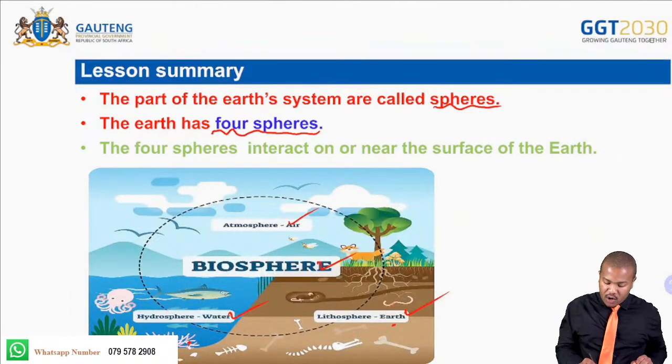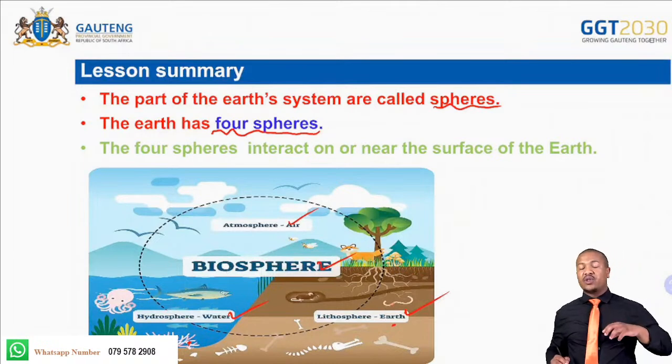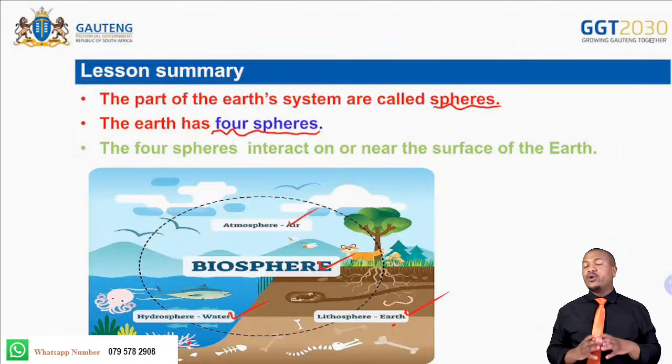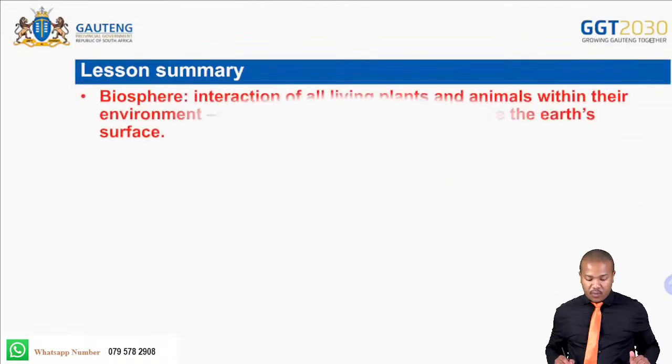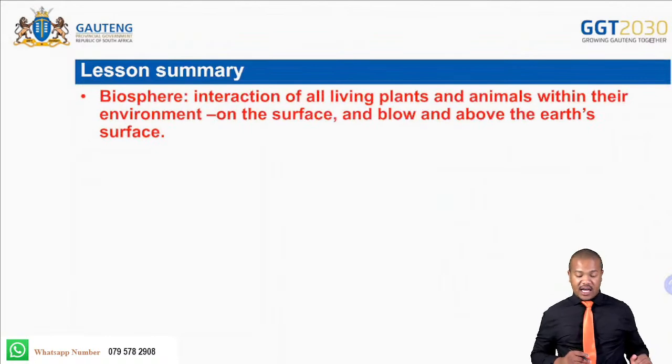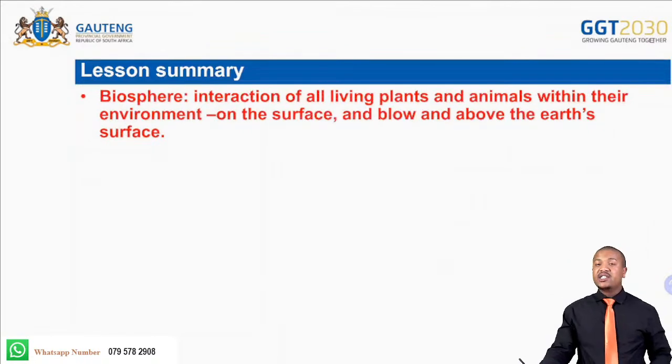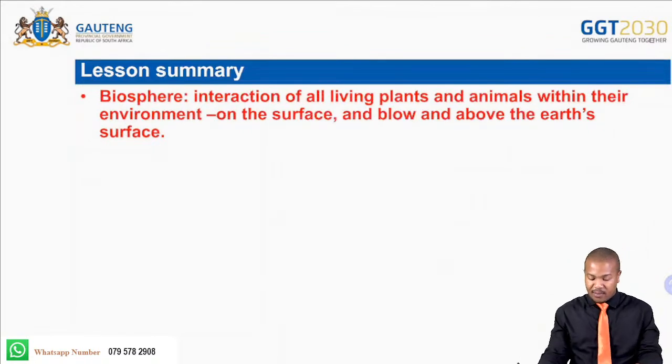The biosphere has to do with all the living organisms and their interactions with the non-living things such as the air, the water, and our solid rocks. As we said, the biosphere is the interaction of all living plants and animals within their environment, on the surface and below and above the Earth's surface.